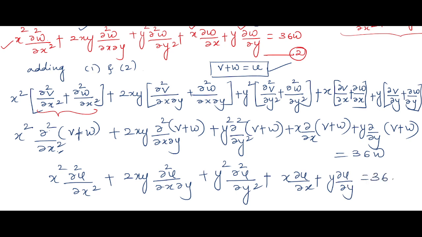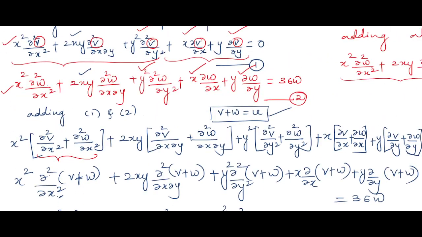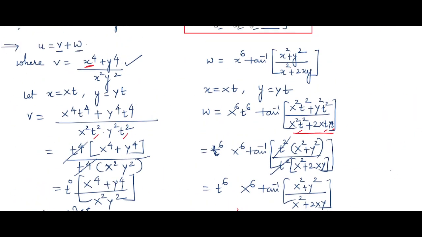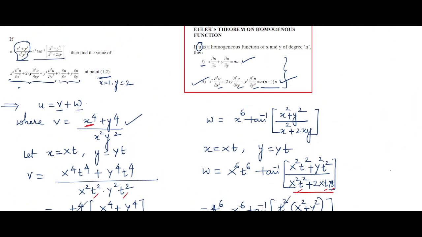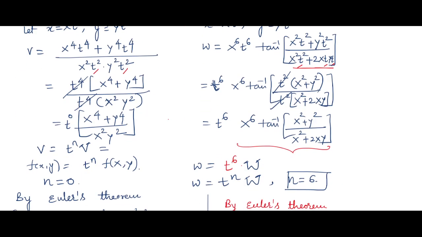But the value of w, now we are going to write. The value of w is x raised to 6 tan inverse of (x square plus y square) upon (x square plus 2xy). So this value of w now we will substitute here.